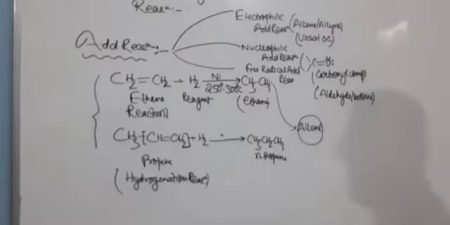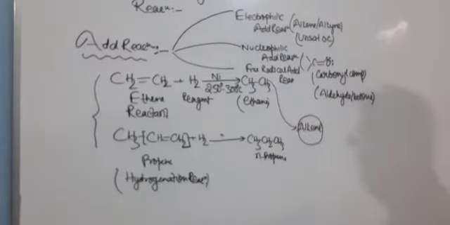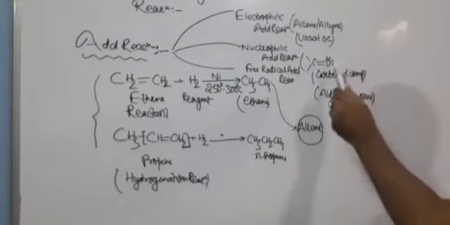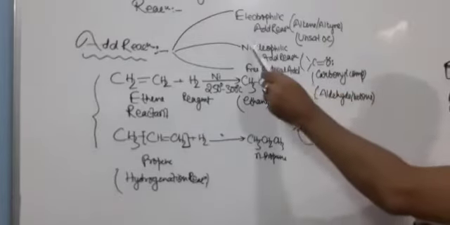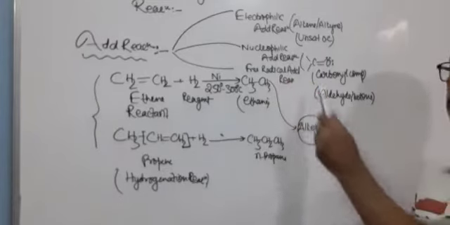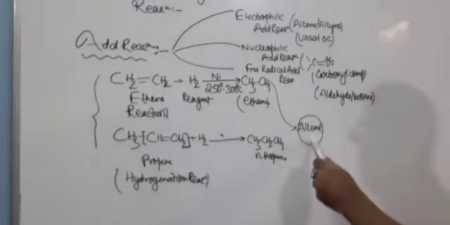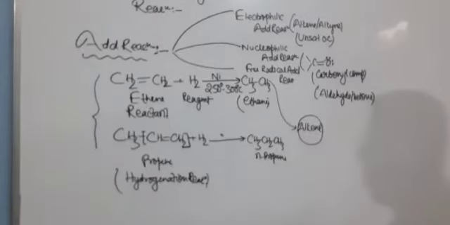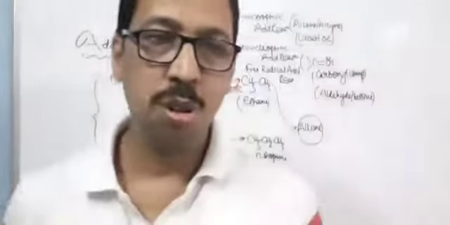In short form, we have explained that unsaturated organic compounds have a tendency to show the electrophilic addition reaction, the carbonyl compounds which consist of a carbon-oxygen double bond have a tendency to show the nucleophilic addition reaction, and alkenes have a tendency to show the free radical addition reaction.